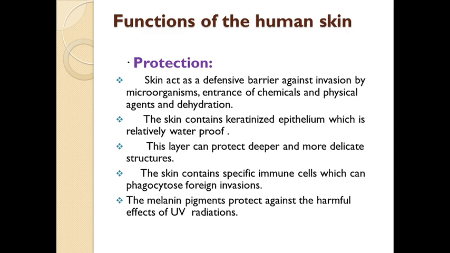The skin contains specific immune cells which can phagocytose foreign invasions. The melanin pigments protect the skin against the harmful effects of UV radiation. So these are the basic facts that come under the first function, protection. So basically the protection to the skin is given by the keratinized epithelium, the epidermis.